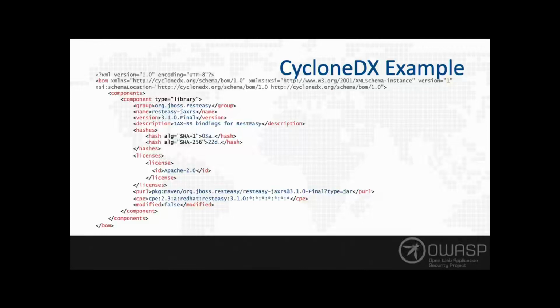I can describe Maven or NPM or Red Hat package managers, pretty much everything. It's really important. I know CycloneDX supports it, Dependency-Track supports it, Sonatype OSS Index supports it, Red Hat is in the process of supporting it, and a few other folks.